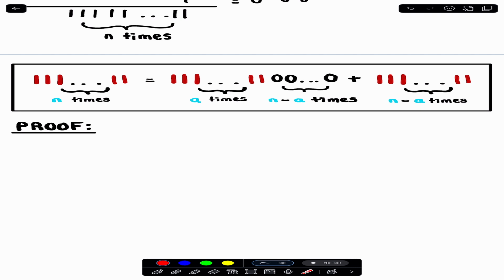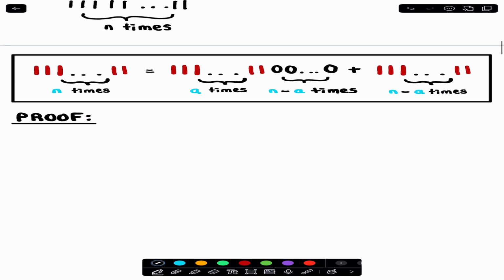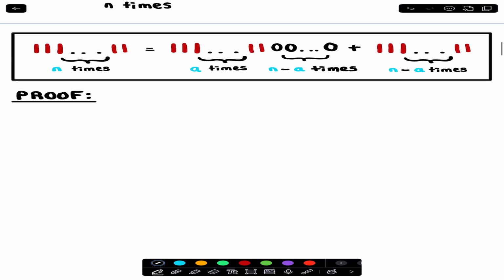So it says the rep unit repeated n times is the same as if we broke it off into 1 repeating itself a times, and the rest are zeros, but then we add n minus a ones. And again, the easiest way to see this is to just write it all out and line everything up and then add them up column-wise.